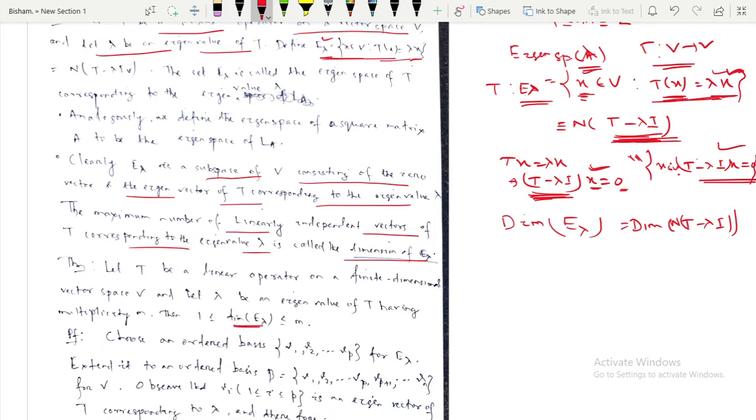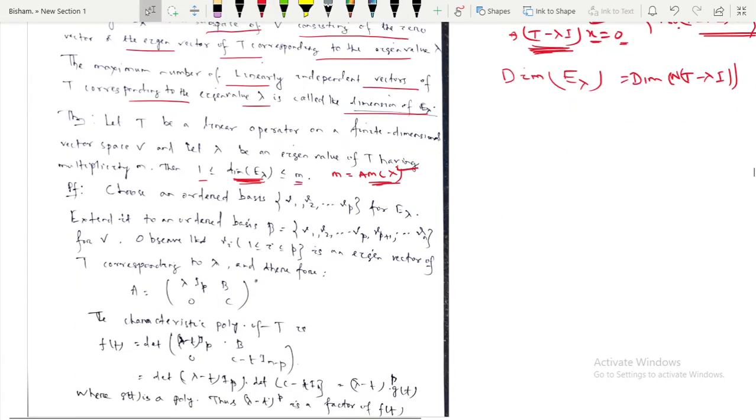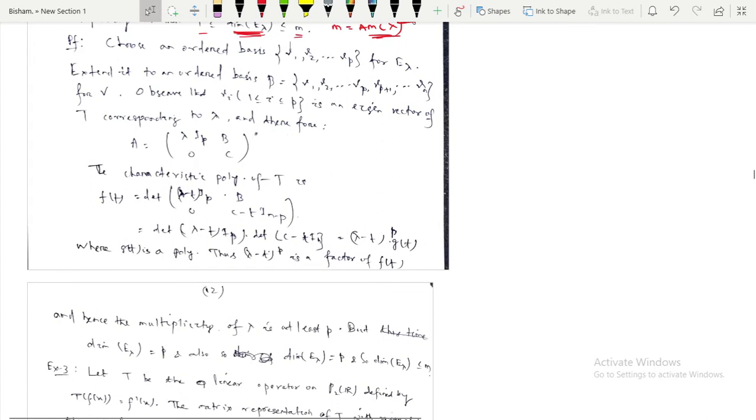The dimension of E lambda always lies between 1 and m, where m is the algebraic multiplicity of lambda. That means the number of eigenvectors associated with this eigenvalue lambda lies between 1 and m. Its maximum value is m, because we already know GM is less than or equal to AM, where GM means the number of eigenvectors, and it is always greater than or equal to 1.